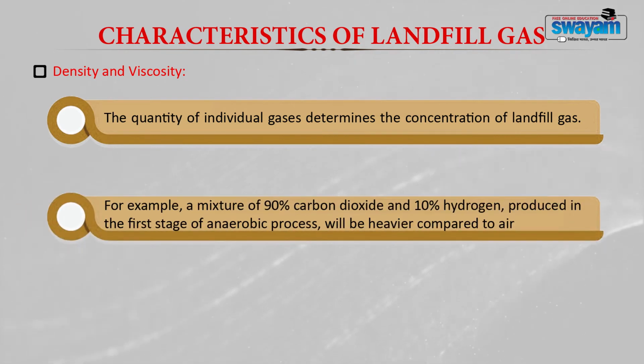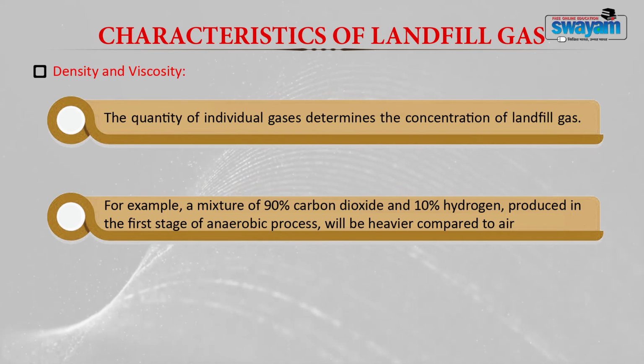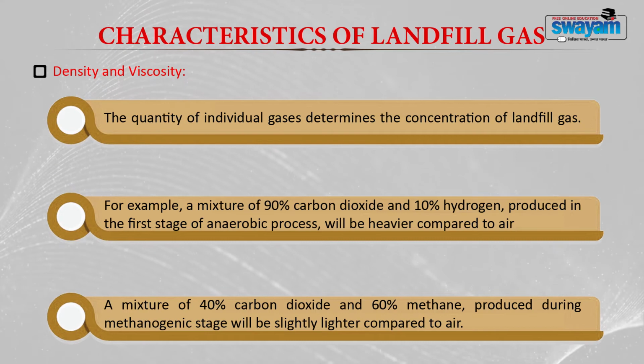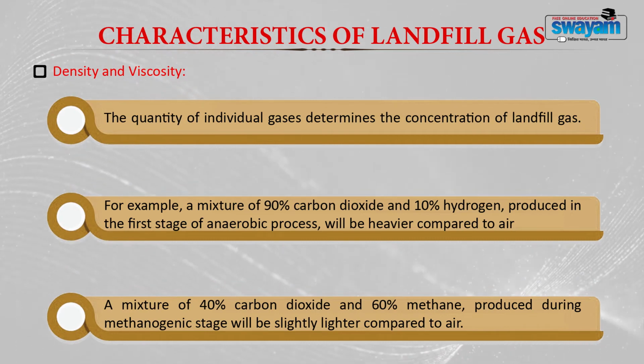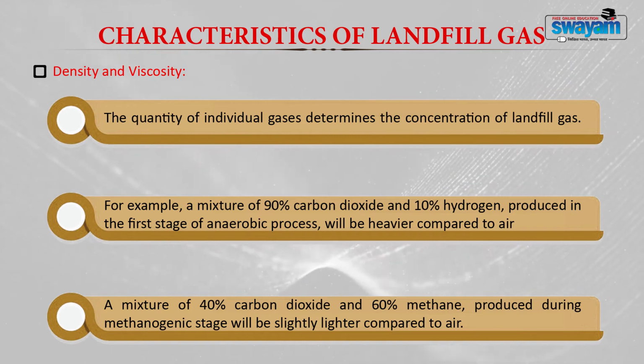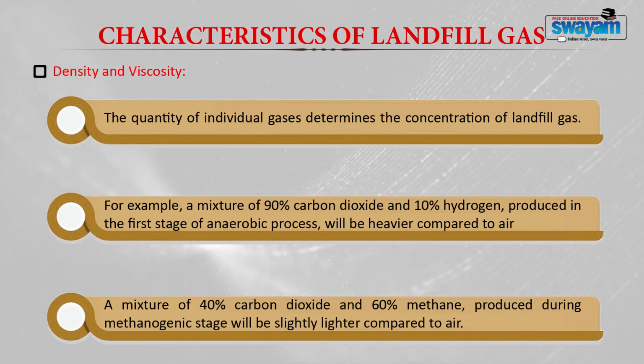For example, a mixture of 90% carbon dioxide and 10% hydrogen, which is generally produced in the first stage of the anaerobic phase, will be heavier than air. Likewise, a mixture which contains 40% carbon dioxide and 60% methane, which is generally produced during the methanogenic stage, will be lighter than air.